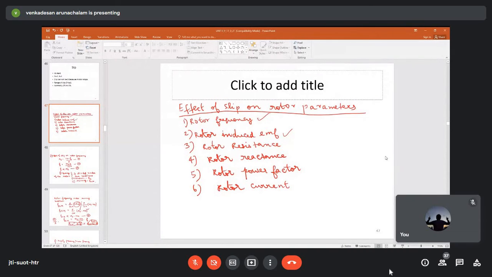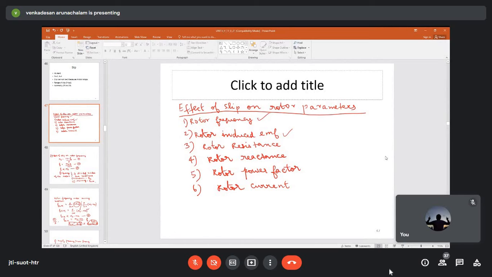The effect of slip on the rotor during starting and running condition will not be the same. Why? Because the value of slip is equal to 1 during the starting condition and ideally 0 during the running condition. Hypothetically it is not possible, but ideally it is 0.